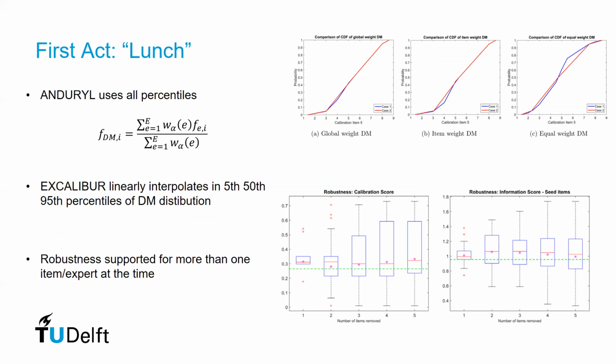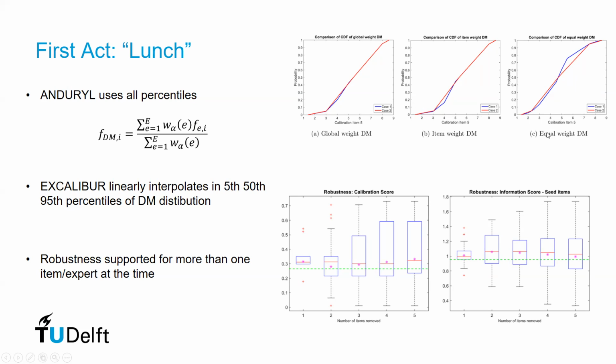Another difference that Anduril implements with respect to Excalibur is that Excalibur interpolates the density of the decision maker on the quantiles that are chosen. So, for example, here in red, you see the interpolation that Excalibur does on the 3 quantiles, just linearly interpolating, whereas Anduril uses really all quantiles which are entered by the experts.